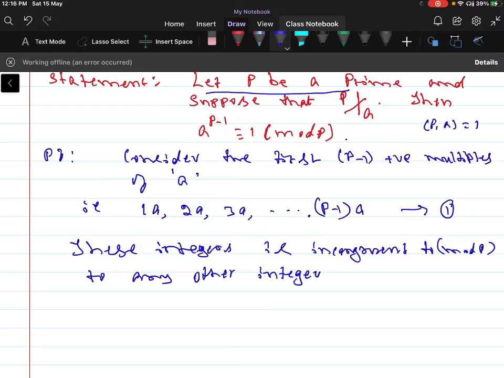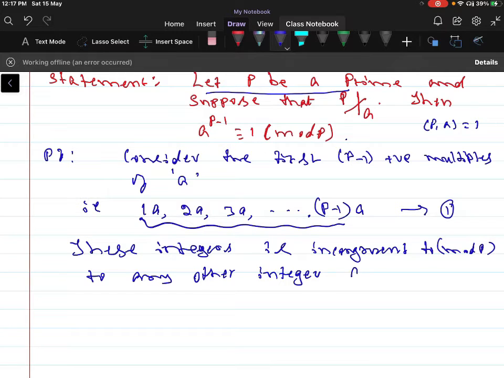It means these integers are incongruent to each other under modulo P. It means 1a is not congruent to 2a, or 1a is not congruent to 3a, and so on. So 1a is not congruent to P minus 1 into a.